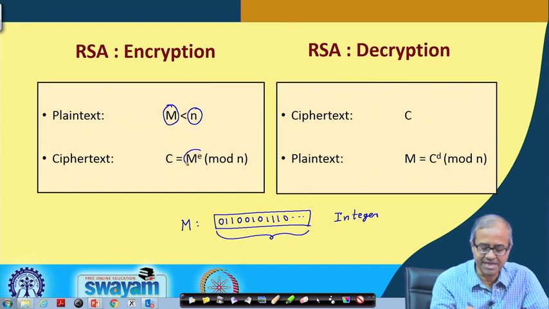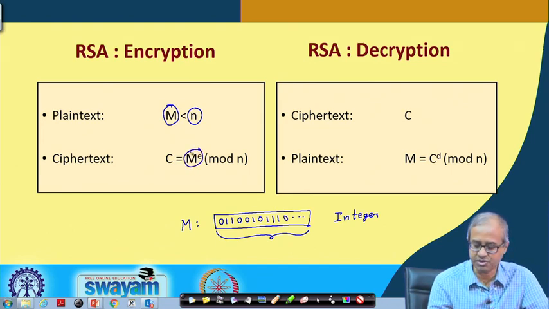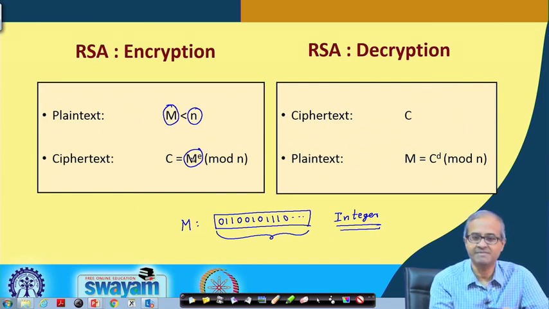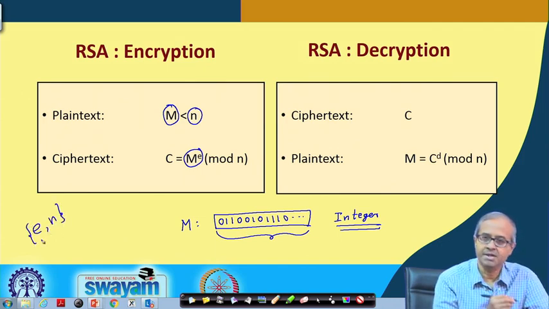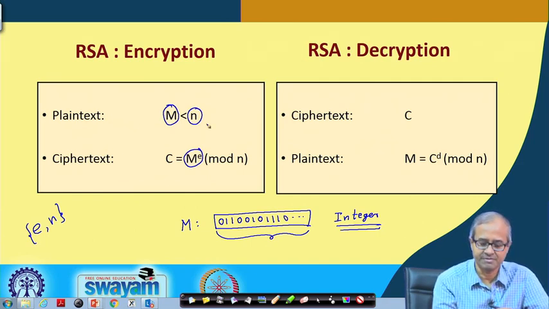You simply raise m to the power e, because m is regarded as an integer, to the power of another integer e, because we had said e and n are your public key. So, using the public key you are doing the encryption. You need e, you also need n.